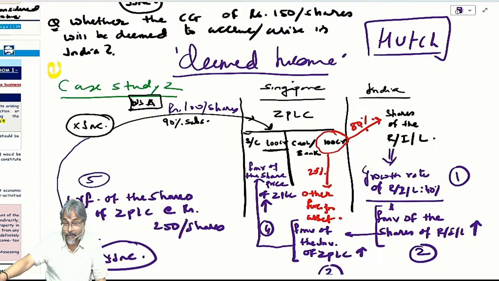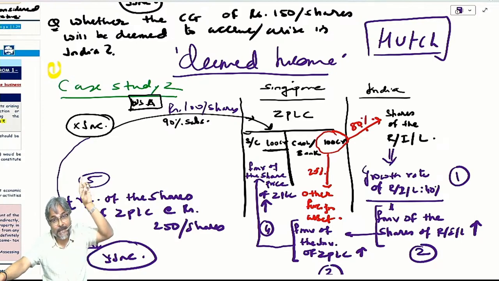Understand one thing: Vodafone was losing the case up till now. And the battery of lawyers they had appointed in this, when the matter went to the Supreme Court, at that time the Chief Justice of India was S.H. Kapadia, who recently died.